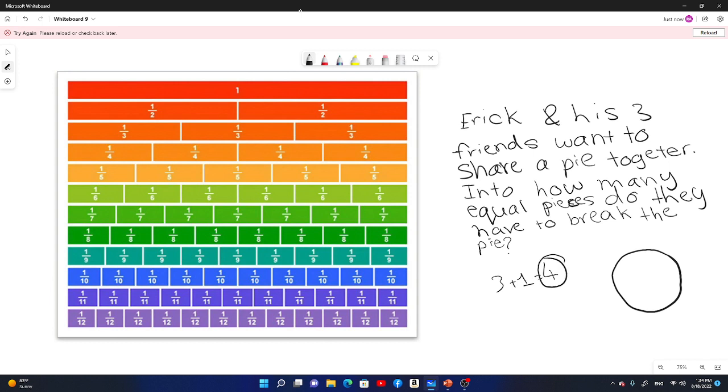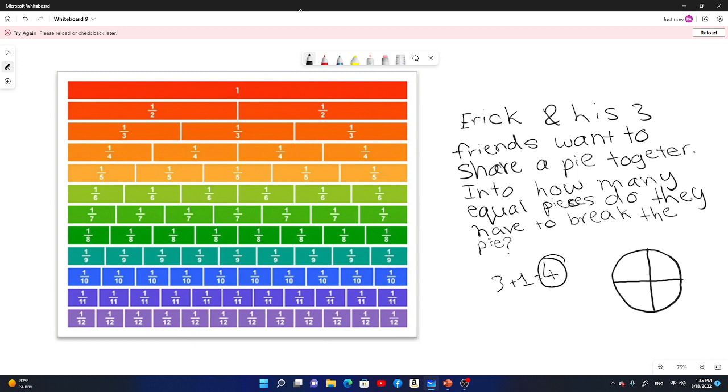There are 4 people, so we go all the way to 4 on the chart. We have to break the pie into fourths. You could also call it quarters. So we do this one. You broke the pie into fourths, so now they could all share the pie.